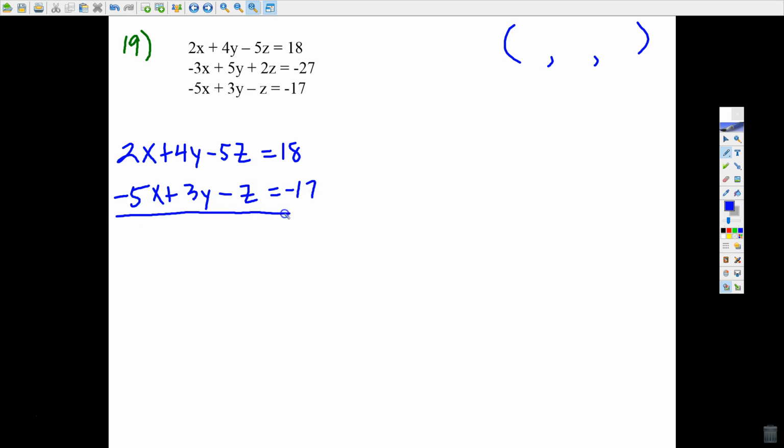And we'll come back to that in just a second. And then maybe over here, different color. I'm going to do the middle equation with the last equation. Equations 2 and 3.